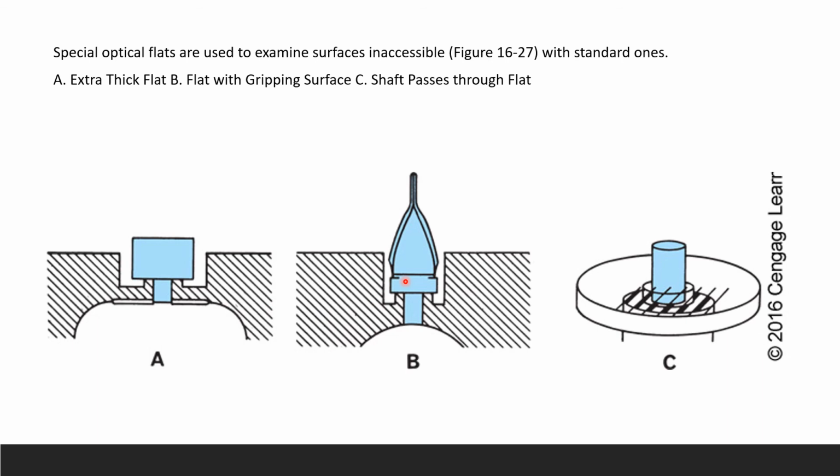And then we have flats with gripping, so that's for surface B here. And we have a flat with a shaft that passes through it, for another type of surface that you can't reach. So anyway, we have different optical flats, and we use them in order to reach certain surfaces, okay?